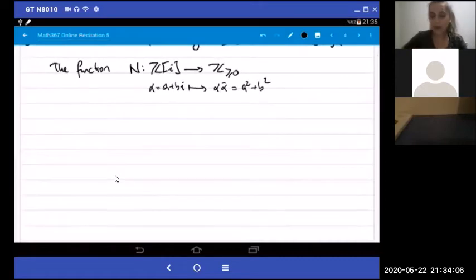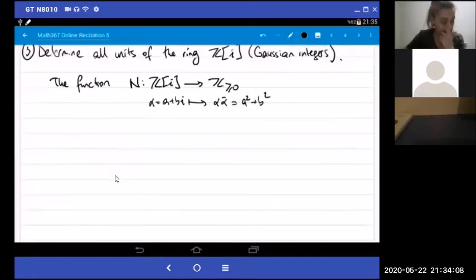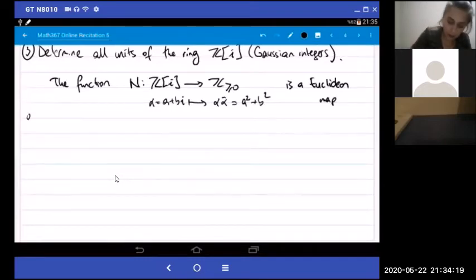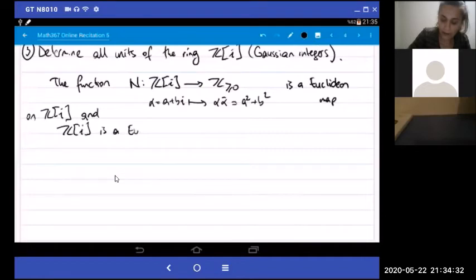Taking a plus bi to a squared plus b squared. This is a Euclidean map, and this is on, of course, our ring Z[i], and Z[i] is a Euclidean domain.